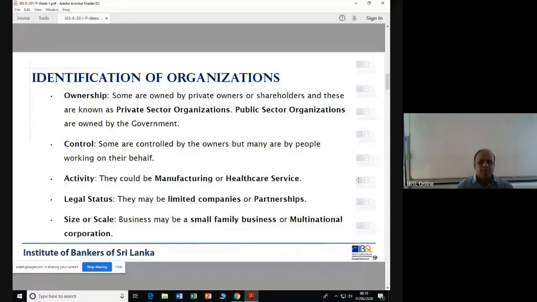The second criterion to identify an organization is the control. So who is going to control this organization? Some are controlled by the owners, but many are controlled by people working on their behalf. This has to be understood very clearly.